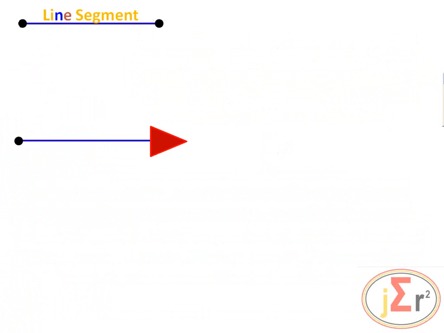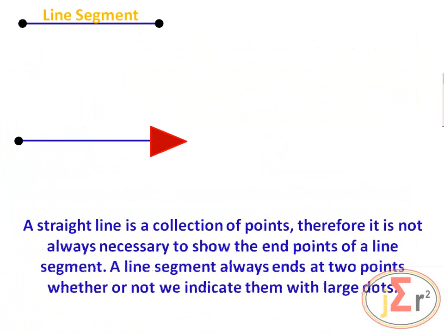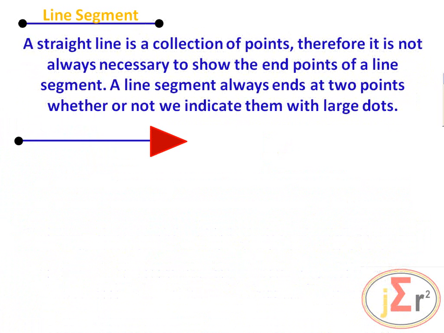There we have a line segment, and we are saying that a straight line is a collection of points. Therefore, it is not always necessary to show the endpoints of a line segment. A line segment always ends at 2 points, whether or not we indicate them with large dots. So a line is a collection of points.